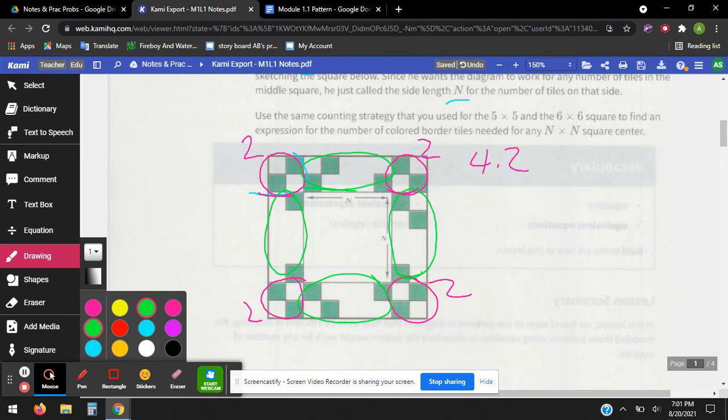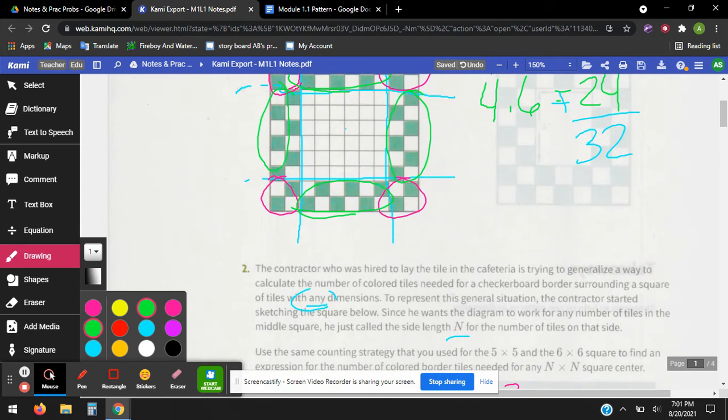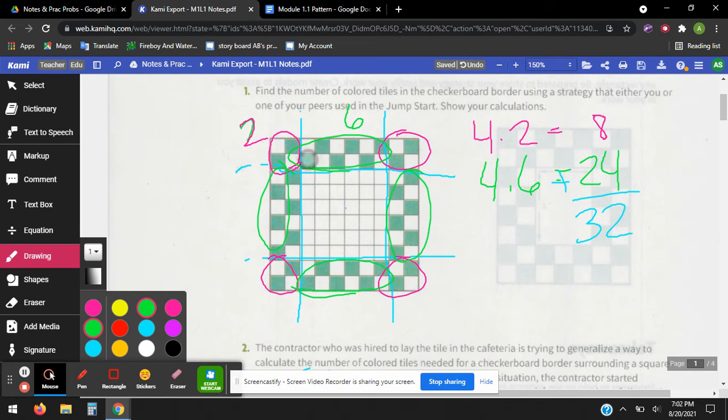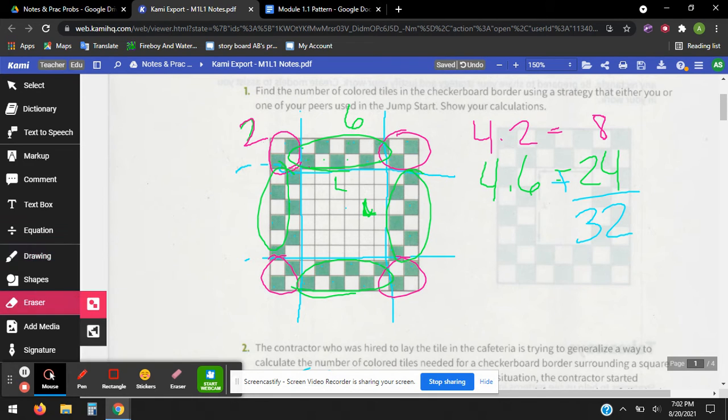Well, if we go back to the last one, how many squares did we have? We had 12. Well, how does that relate to our length and our width, which is actually the same thing, right? Because it's a square, so both of them are the same. So let's use the same variable. Well, it was 6 across, and 6 times 2 is 12, and we only needed half of them.